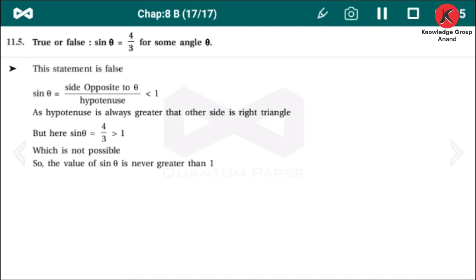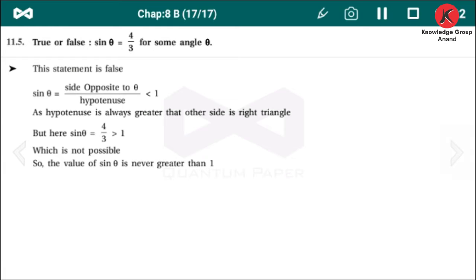Here the opposite is 4 and the hypotenuse is 3. 4 by 3 is greater than 1, but sin theta and cos theta are always less than 1. Therefore, this statement is false.